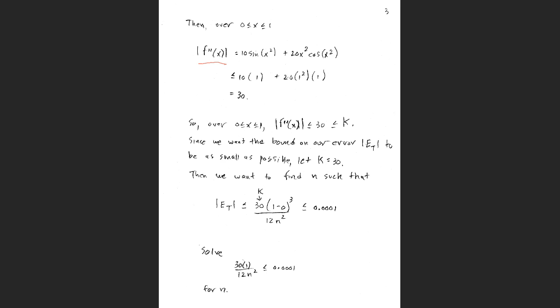You're going to notice that when x is between 0 and 1, this x squared would be maximized at x equals 1. Again, you're looking for the maximum value of the second derivative. But what about the sine of x squared and the cosine of x squared?